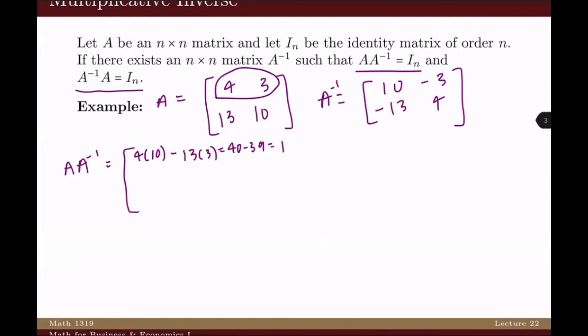And then row 1, column 2 is going to be 4 times negative 3 plus 3 times 4, which is negative 12 plus 12, which is 0.